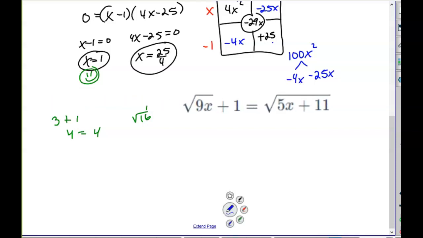Now let's do the same thing with 25. Unfortunately, this isn't super friendly. There's some tricks we could use to help simplify.